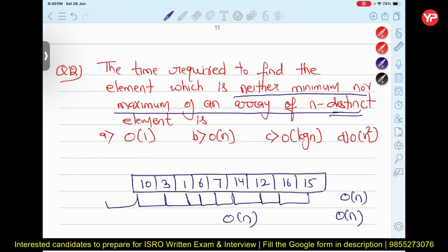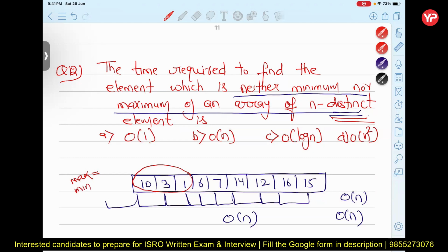Is it right? No, that is wrong. The right way is to just take the first three elements, or any three elements. I'm not talking about the first three, any three elements. Because the array is distinct in nature, out of these three elements, one is the maximum. I don't say this maximum is the maximum element of my array, but yes, there is one element which is maximum among these three.